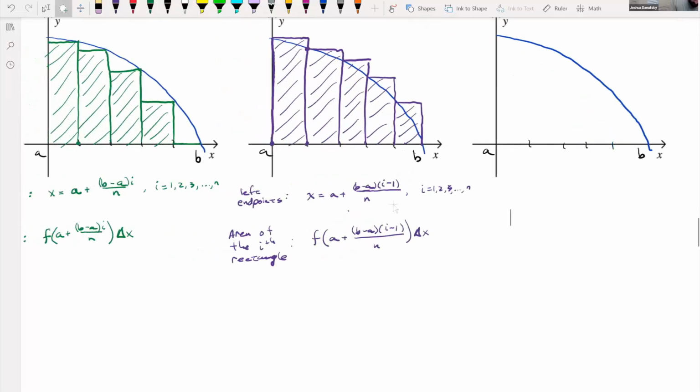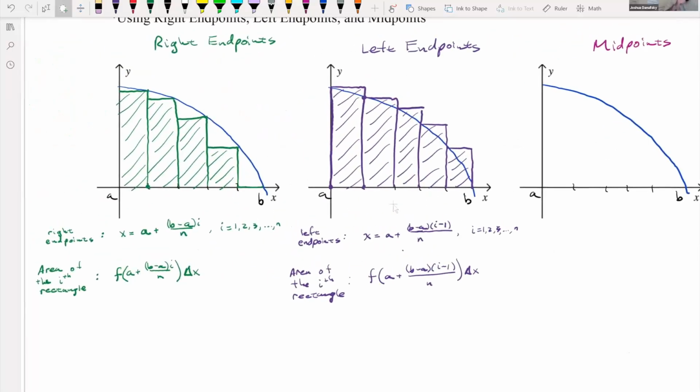And so looking at these two side by side, you'll notice that the green approximation of the area under the blue curve is going to be less than the actual area because we have all these gaps under the curve that are not part of those rectangles. And the purple, the sum of the areas of those rectangles is going to be more than the area under the curve because we have the little bits of those rectangles that are bleeding over, going above that blue curve.